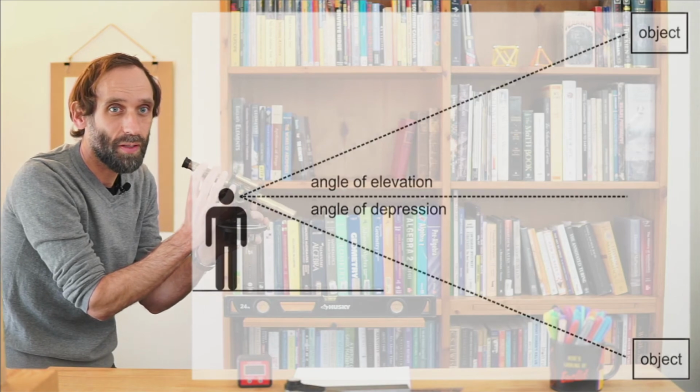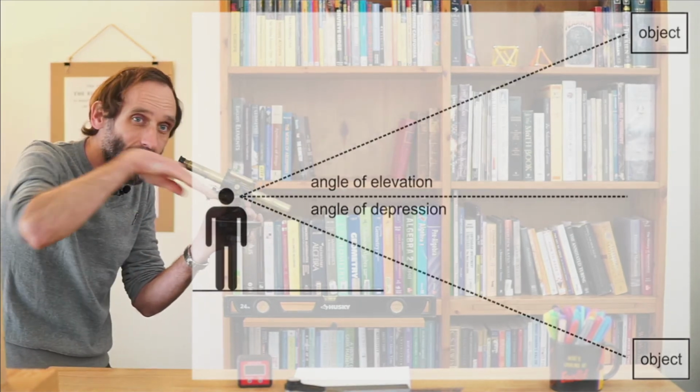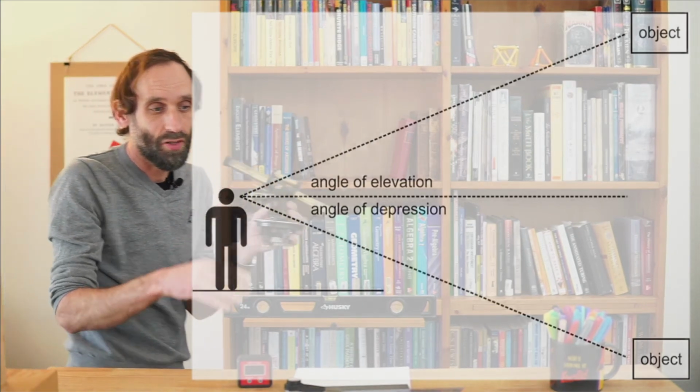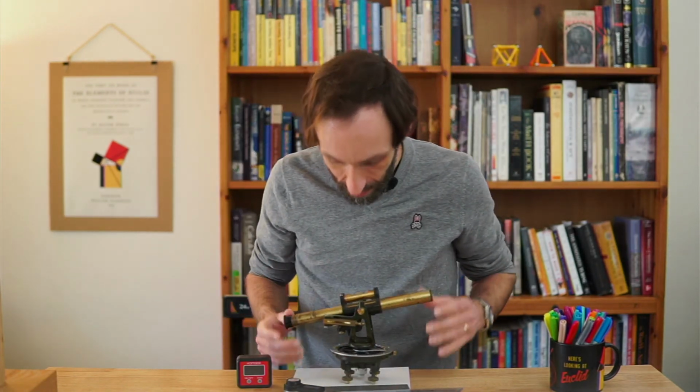So here I've got my bubble level, I'm looking down at some object, and the angle that I'm looking down at, that is the angle of depression. Okay, so those are just a couple terms for you to be aware of, and also some examples of devices that we can use to measure angles.